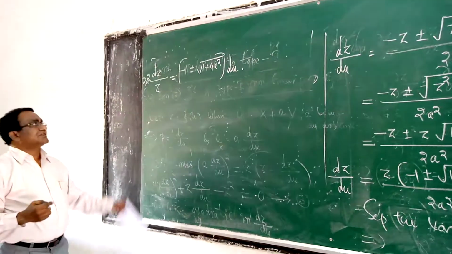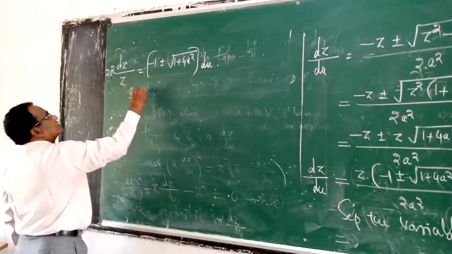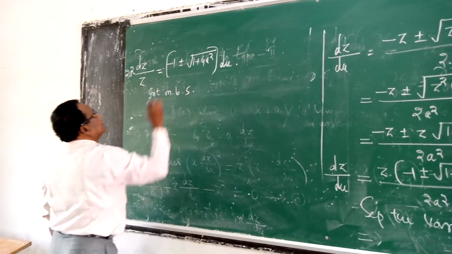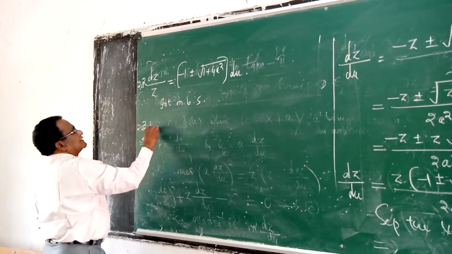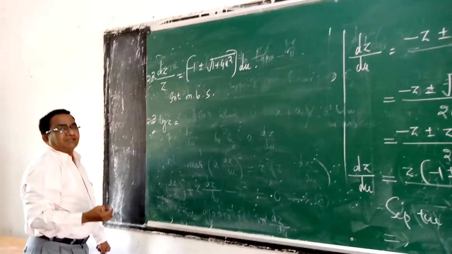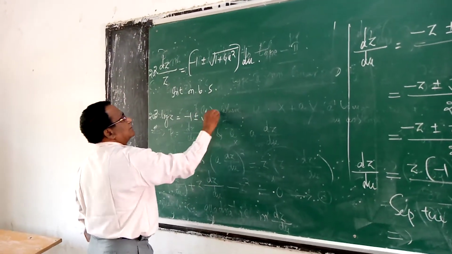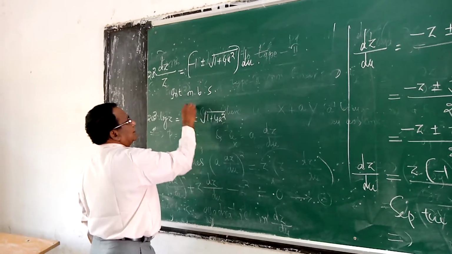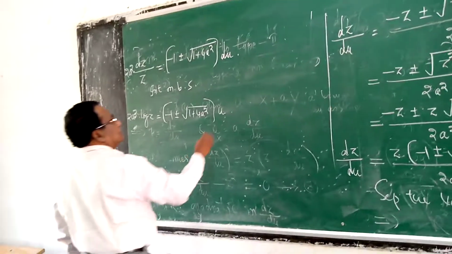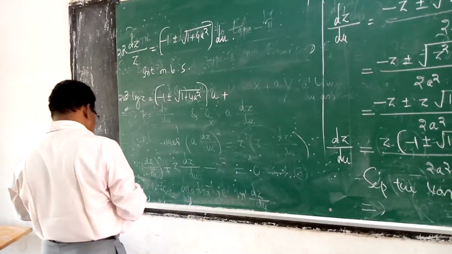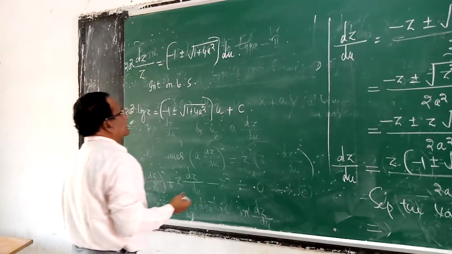into du. Thus the variables have been separated, and you integrate it on both the sides. Integrating on both the sides, 2a squared constant, integration of 1 over z is log z, is equal to minus 1 plus or minus square root of 1 plus 4a squared, a constant. Integration of 1 with respect to u is u, plus you take the constant of integration as c here.